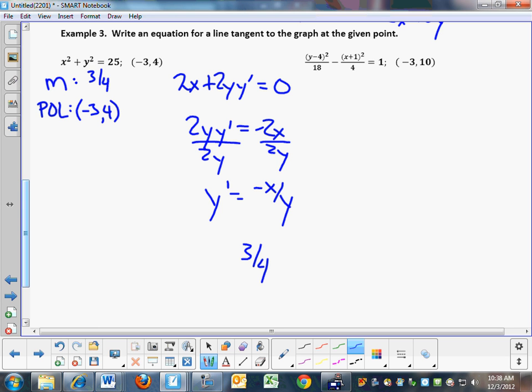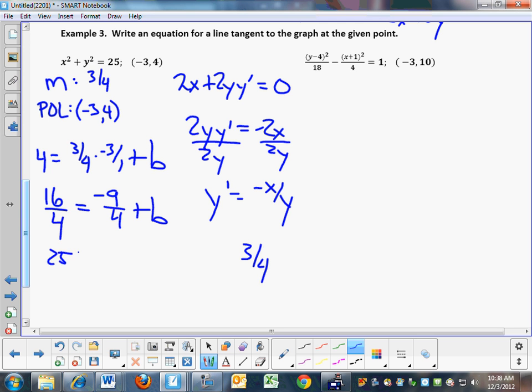Now I could write my equation. y minus 4 is equal to m, 3/4, times x minus -3, plus b. We're going to turn it to common denominator. 16 over 4 equals -9 over 4 plus b. Add the 9/4, I get 25/4 is equal to b.